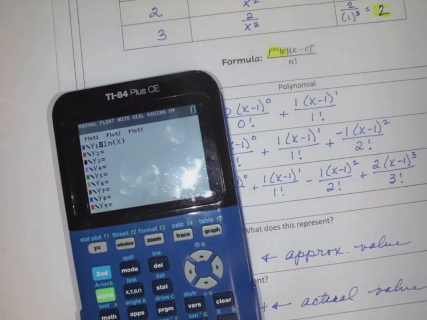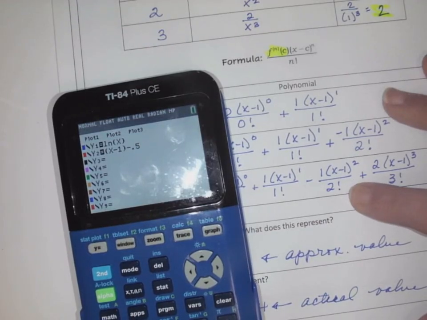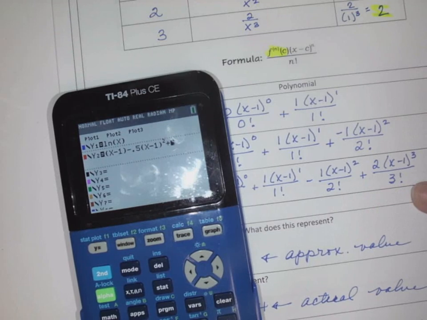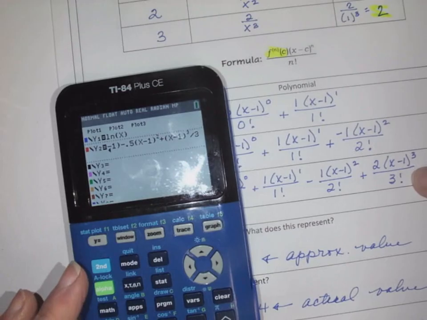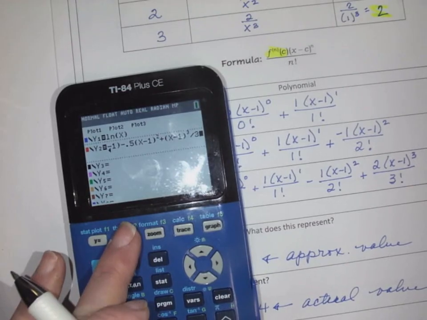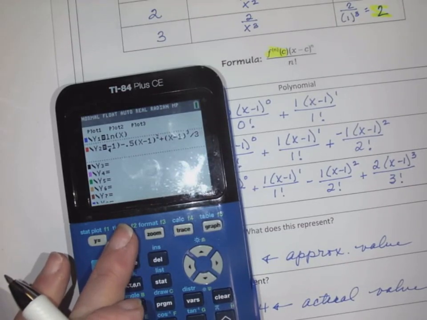So that would be (x minus 1) minus 1/2, so that would be 0.5 times (x minus 1) quantity squared, plus 2 over 6 is 1/3, so I'm going to do (x minus 1) quantity cubed divided by 3. And I'm going to do, now our point of tangency is at 1.